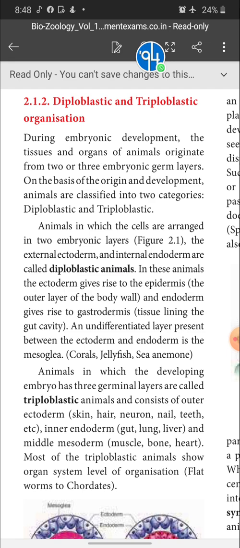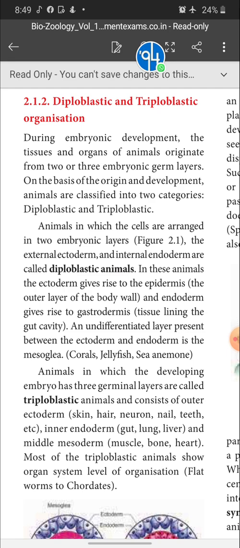The layer present between the ectoderm and endoderm which is not differentiated into any structure is called the undifferentiated layer, and this layer is called mesoglea. Examples of diploplastic animals are corals, jellyfish, sea anemone, etc.